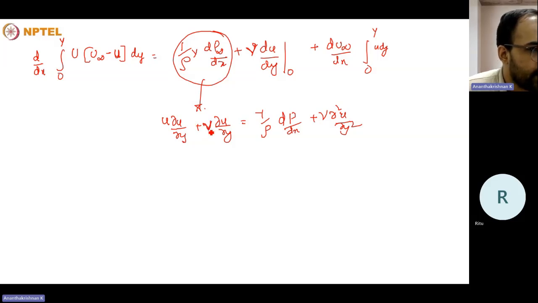There is no variation of u in the y direction in the free stream, and correspondingly the v direction velocity will also be 0 in the free stream.